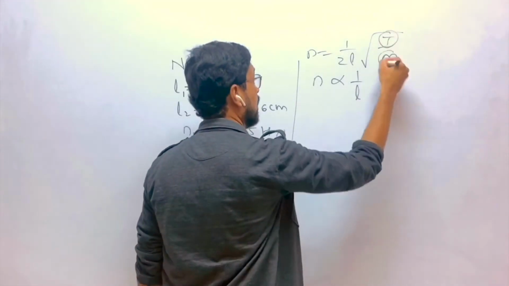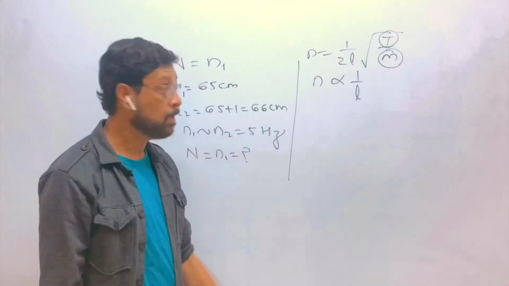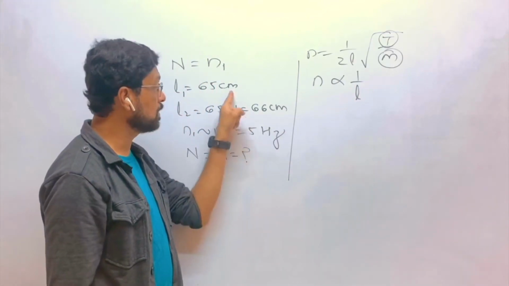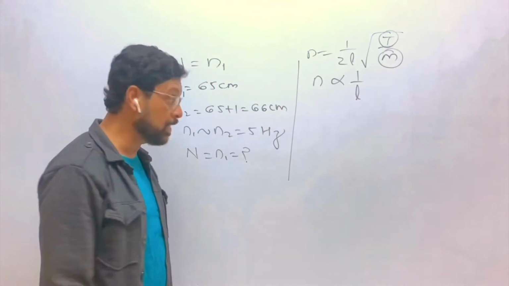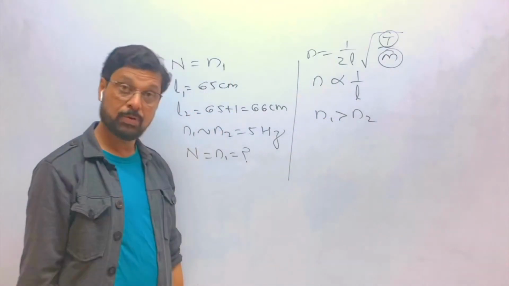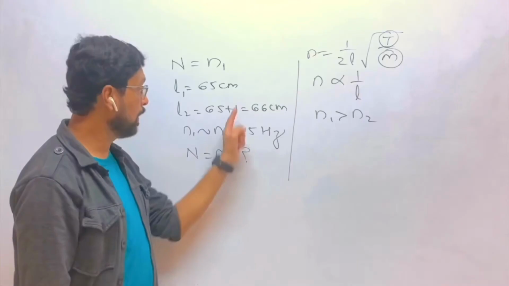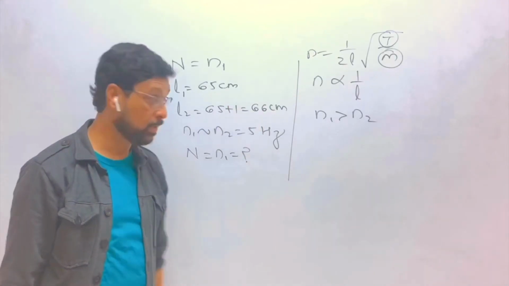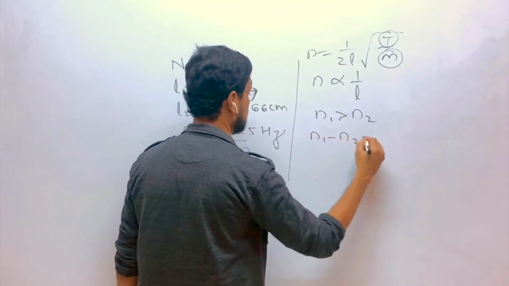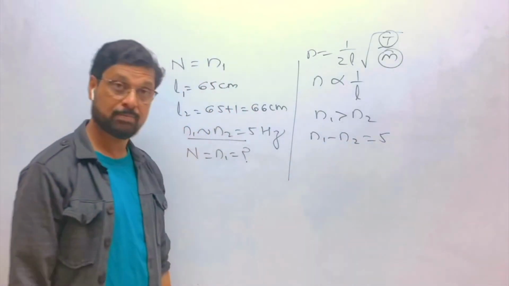Tension is constant, mass per unit length is constant, means N is inversely proportional to L. L has increased, means frequency has decreased, means N1 is greater than N2. The first frequency was higher, the length increased, so now the frequency is lower. Means this is N1 minus N2 is equal to 5.